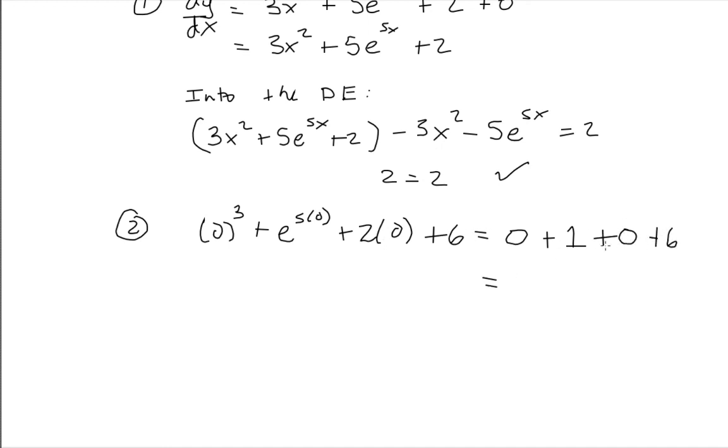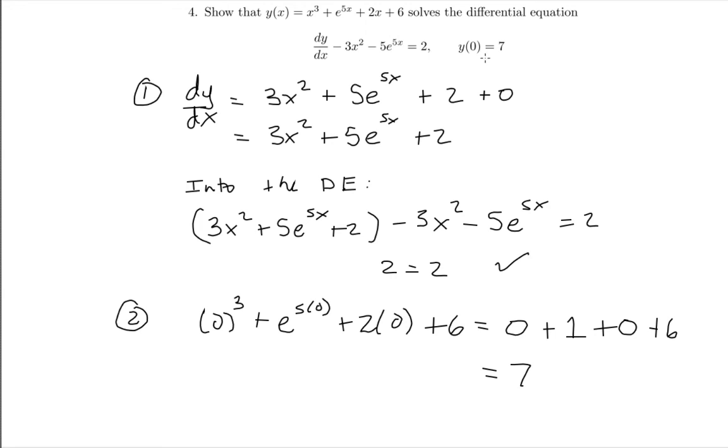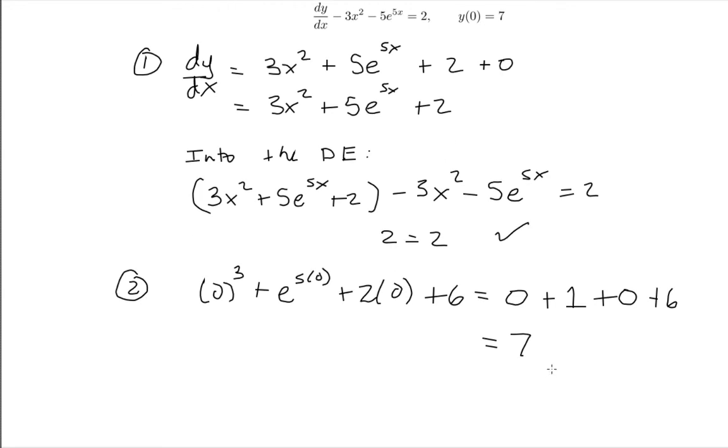If I add all that up, I get 1 plus 6 is 7, and that's exactly what we were supposed to get when we plugged 0 into x, and so this indeed solves the differential equation that they gave us.